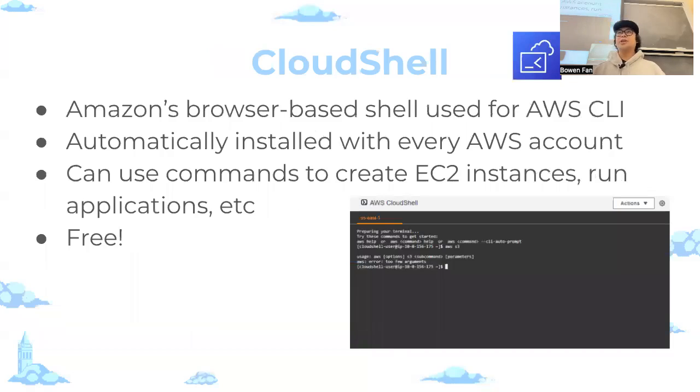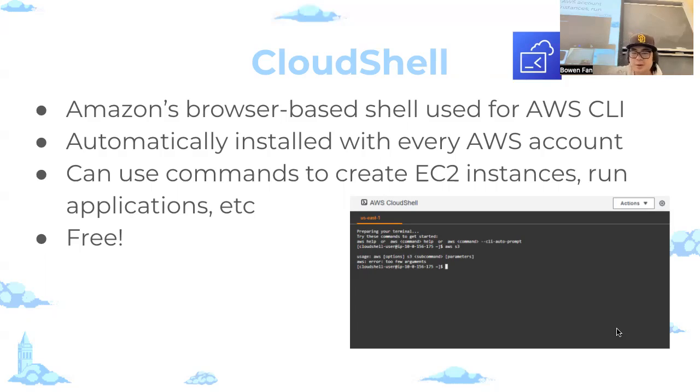So why did we talk about shells and CLIs? Well, guess what? Amazon has their own spin on that. Amazon has CloudShell. Basically, it's a browser-based shell used for the Amazon command line interface. It's automatically installed with every AWS account, and you can use commands to create EC2 instances, connect to databases, run applications, etc. And it's free.